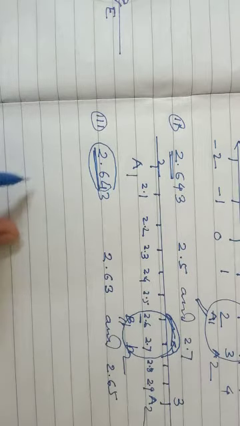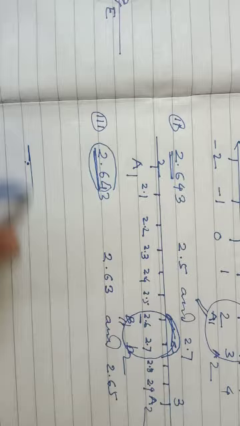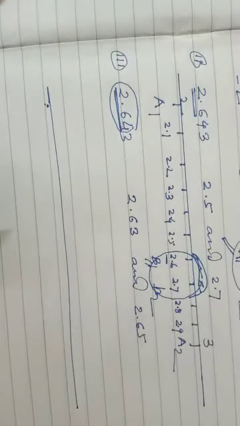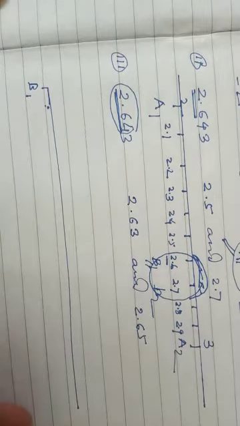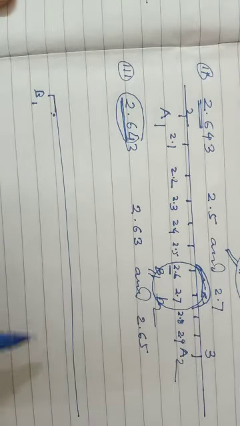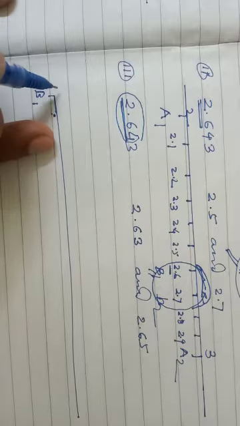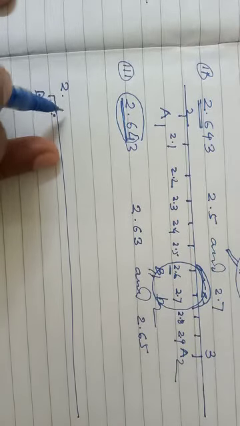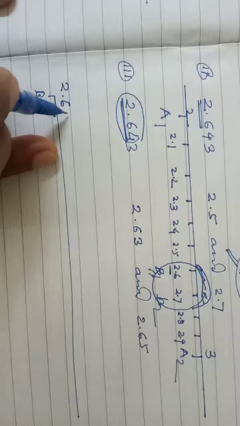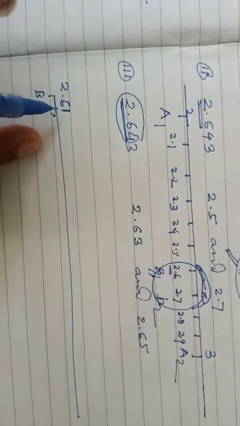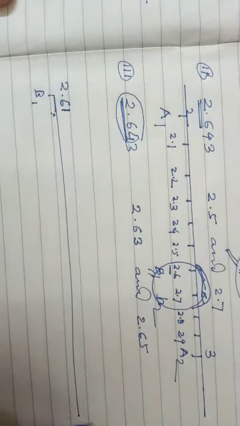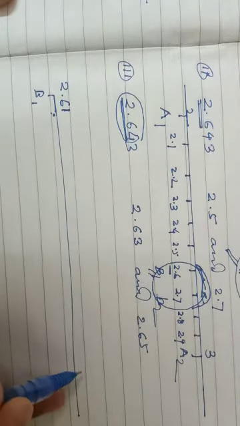Take one more number line and give the points B1 and B2 on either side, and divide that portion into 10 equal parts for accurate visualization.